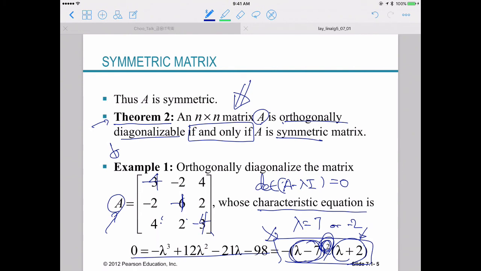Also, between different eigenvalues, their eigenvectors will always be orthogonal because of the first theorem that we learned. So orthogonally diagonalizable is not actually meaning much. It's telling you that a symmetric matrix always guarantees that the geometric multiplicity is the same as the algebraic multiplicity for each eigenvalue.